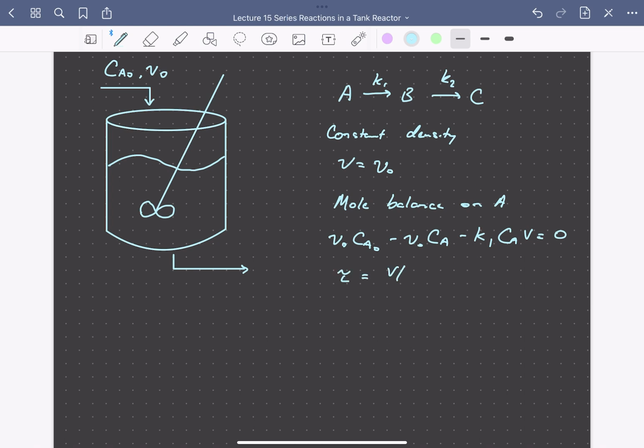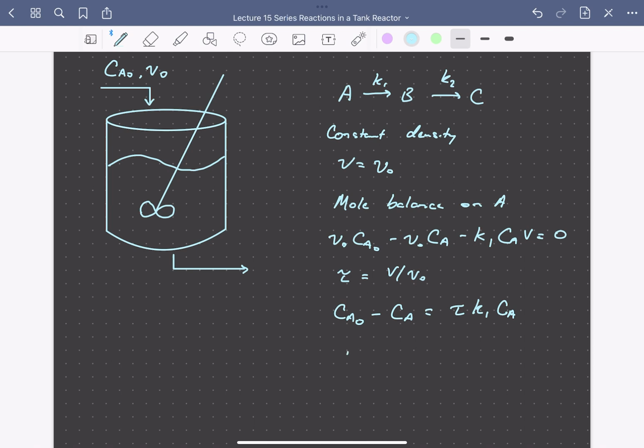And so we can insert the residence time as the reactor volume divided by the volumetric flow rate to get an expression that looks like this. We can write Ca0 minus Ca is equal to tau times K1 times Ca.